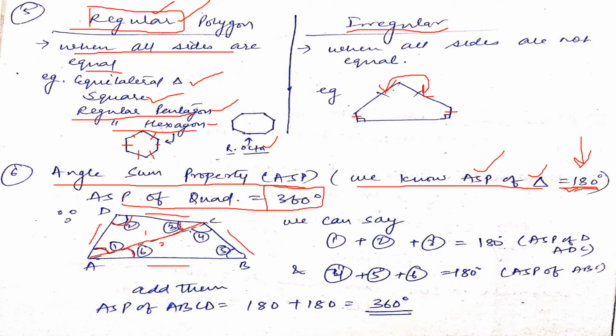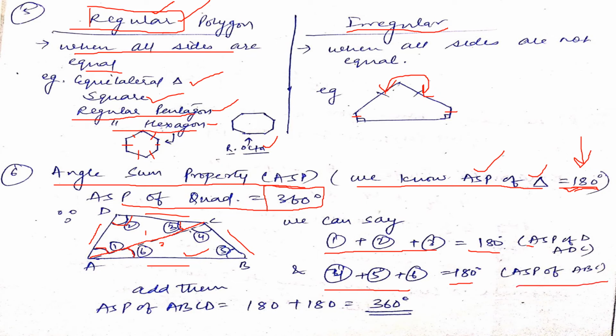Okay. Now we know by the ASP of a triangle, we can say in triangle ADC, angle 1 plus angle 2 plus angle 3 equals 180 degrees. That is the ASP of ADC. Similarly, we can say in this triangle 4 plus 5 plus 6 is how much? 180 degrees. That is its ASP.